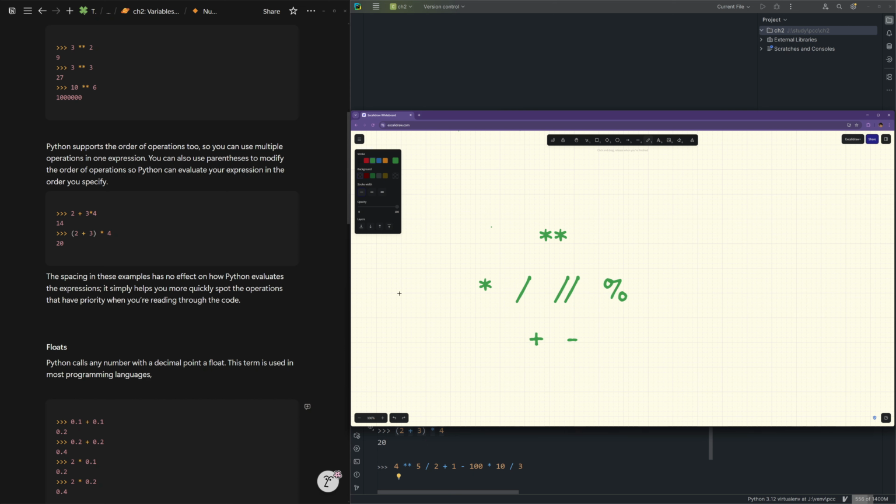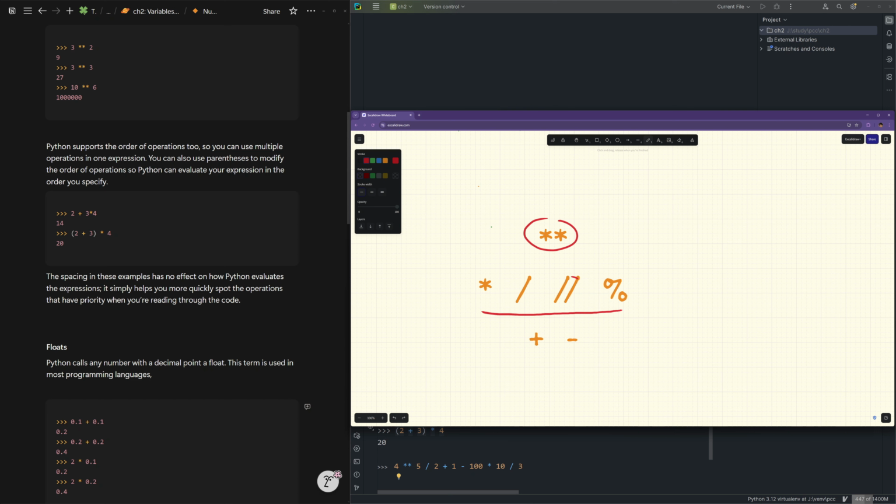Well, this is the rule. The first thing that will be evaluated is the double asterisk, exponentiation. And then these four.